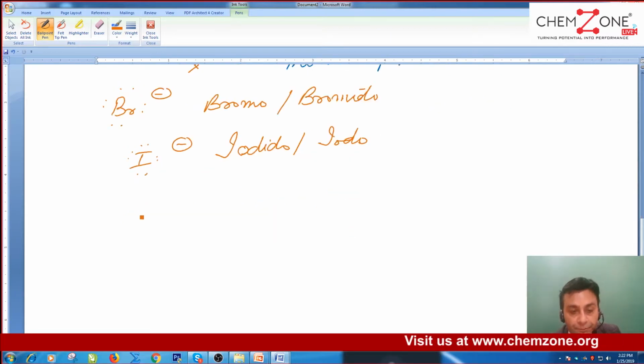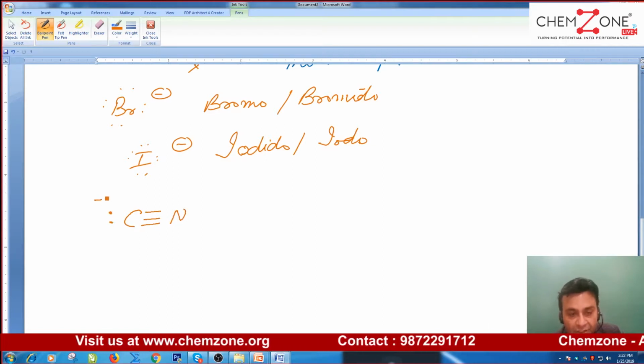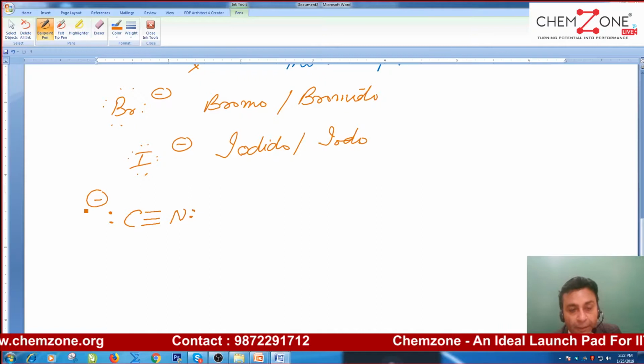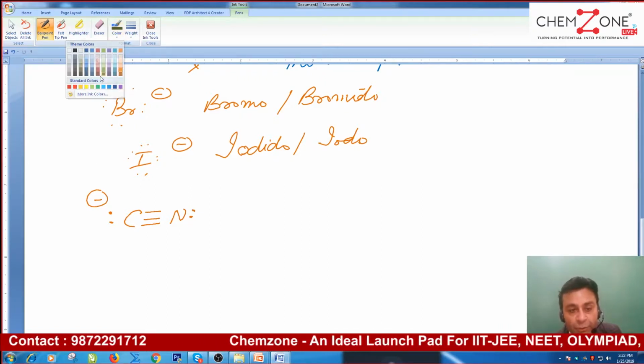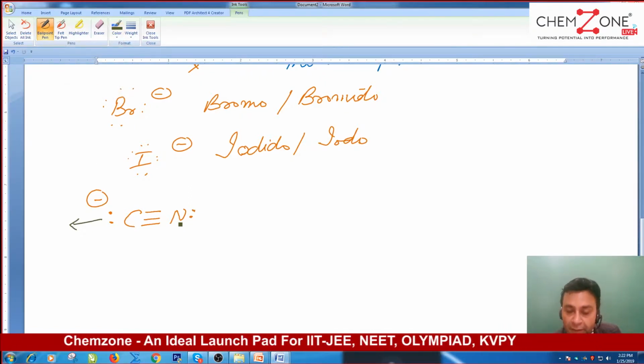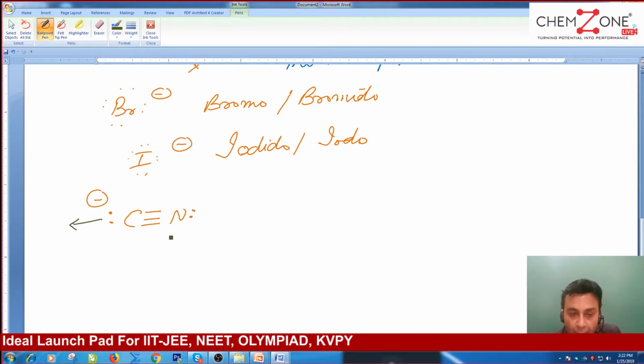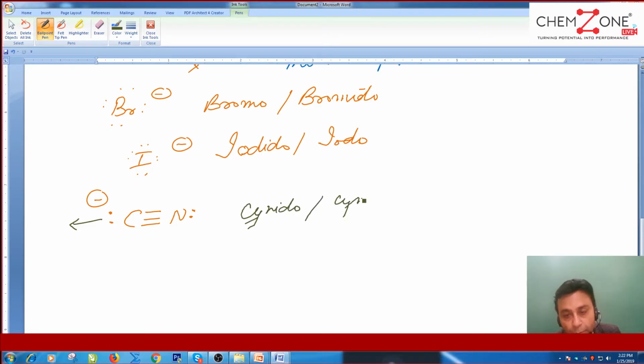C triple bond N has a negative charge here and a lone pair here, but at a time it can donate either through the carbon or through the nitrogen. So this is again a monodentate ligand. We call this cyanido or cyano.